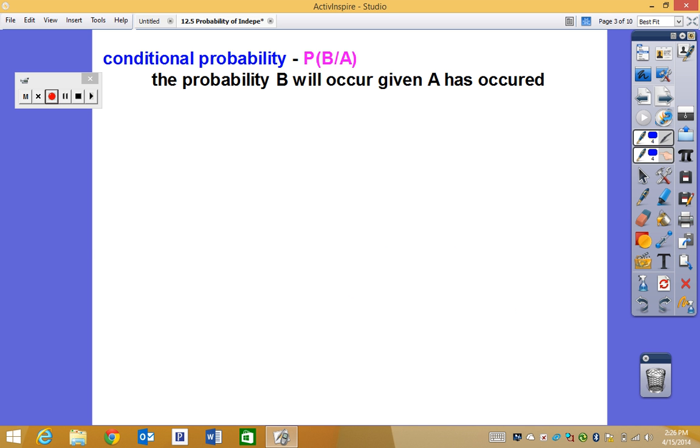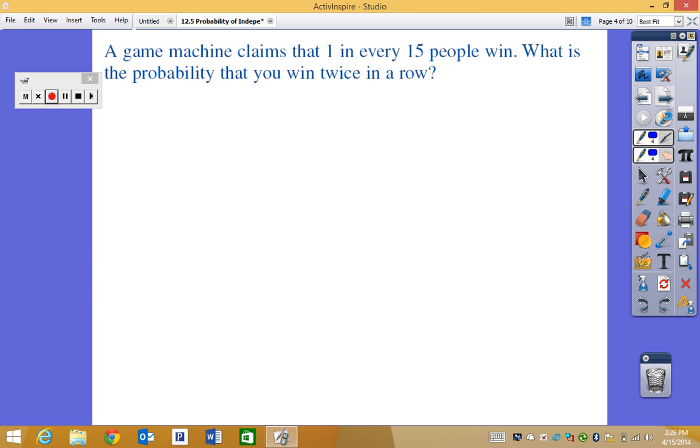Conditional probability is the probability that B will occur given that A has occurred. For example, a game machine claims that 1 in every 15 people win. What is the probability that you win twice in a row? So the probability that you win is 1 out of 15. A game such as this is independent because when you start playing the game again, it's fresh.